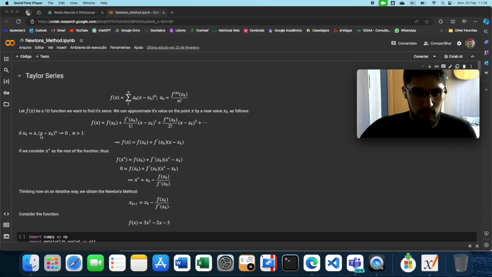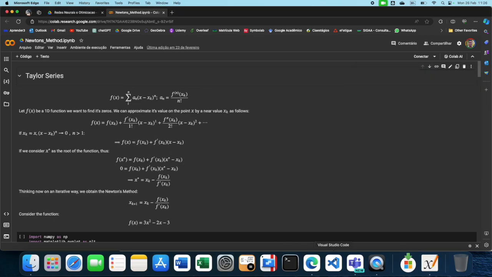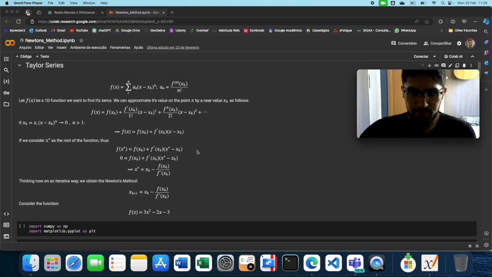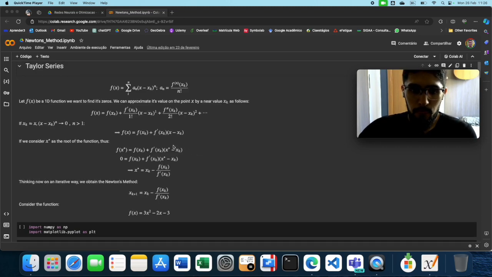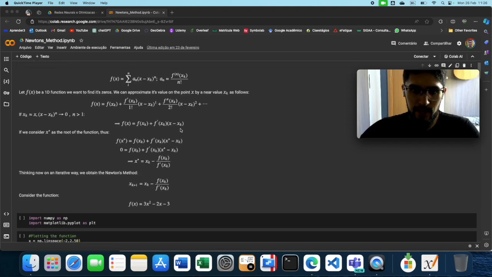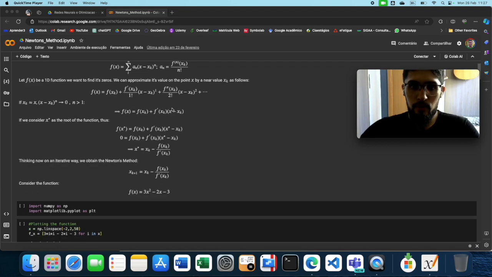With this conclusion, we can just forget the second, third, fourth order terms, and we have this function here. So we started from the Taylor series, and now we have this function, knowing that x_k is very near the point x, the point that we want to approximate.